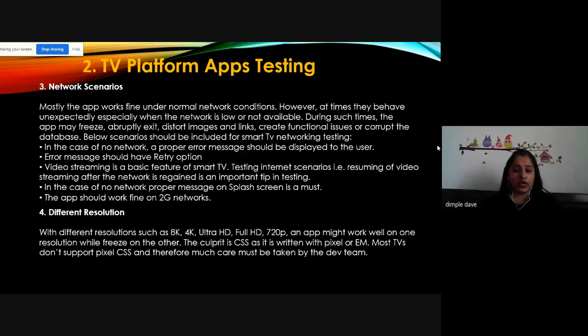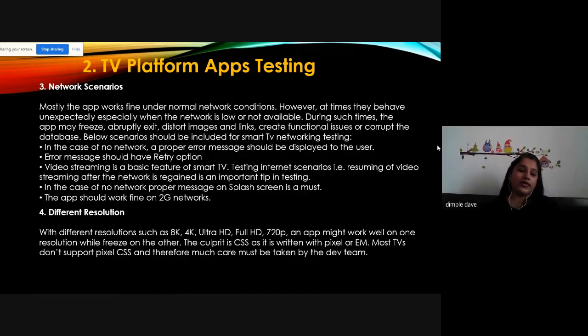In the case of no network, a proper message on the splash screen is a must, as I mentioned earlier. The app should work fine on 2G networks. So it should not have any kind of restriction on the network, right? It should not be that it only works with 5G, or only with 4G or 3G. It should work on all the average networks provided in the location.